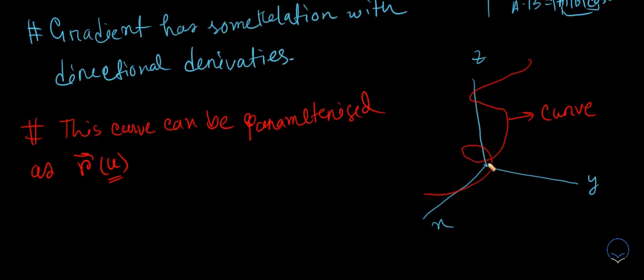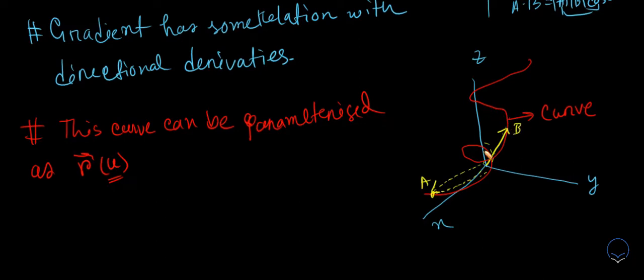If you consider a vector from the origin to a point of the curve as a particle or someone moves along this curve, this vector gets changed, because when someone is over here, let's say point A, the vector from the origin will be here, and as one moves along, the vector will change as well.